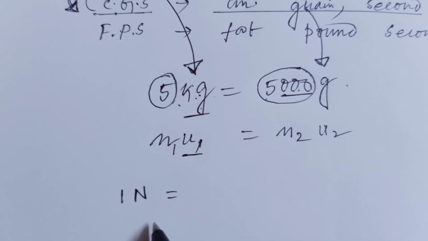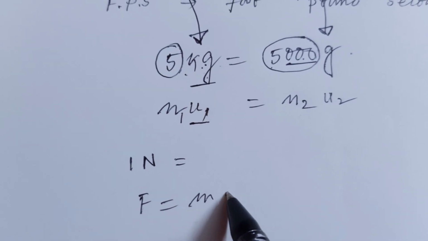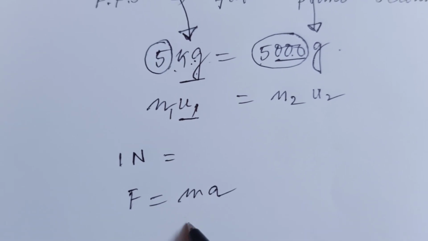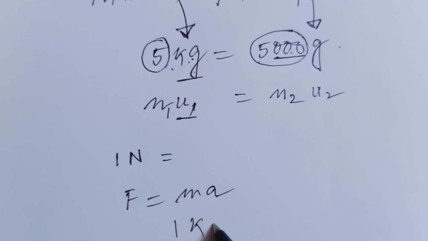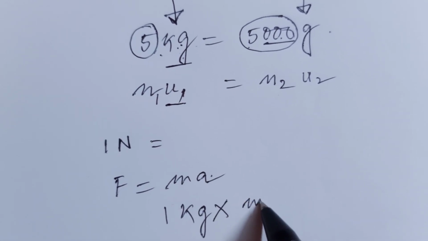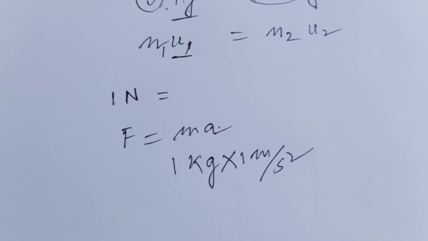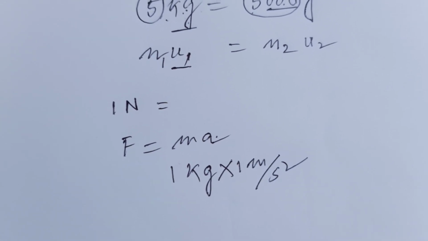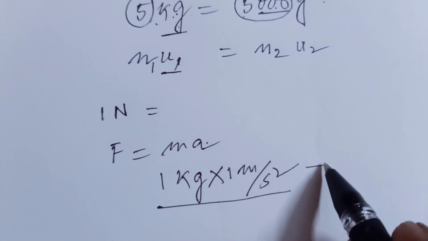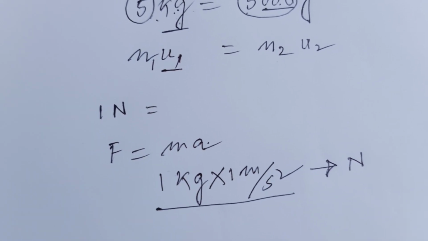We know that Newton comes from the formula F equals ma. That is 1 kg into acceleration, meter per second square, so 1 kg into 1 meter per second square, and in short form it is written as Newton.